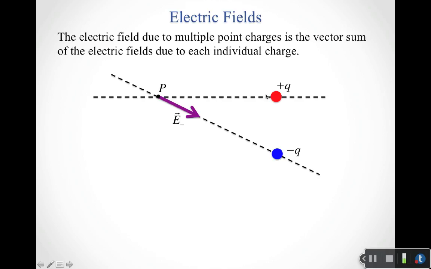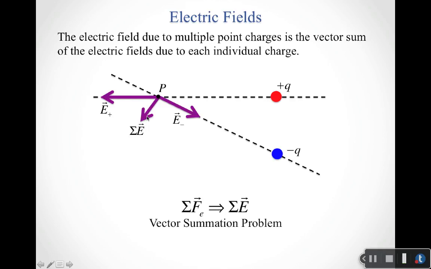If I put a positive test charge here at point P, it would be repelled by my positive charge here, so this positive charge is going to generate a contribution to the electric field that points along the line and away, so there's that contribution. I can calculate the magnitudes of these vectors by using my kQ over r squared equation. And then to add these up, I need to add them up as vectors. So graphically, tail to tip, adding these two vectors is going to give me something that points about here.